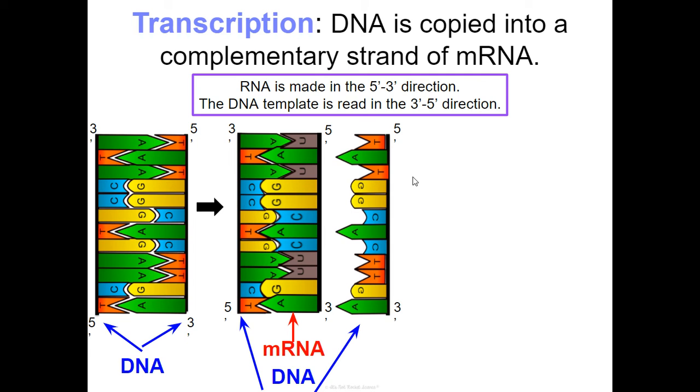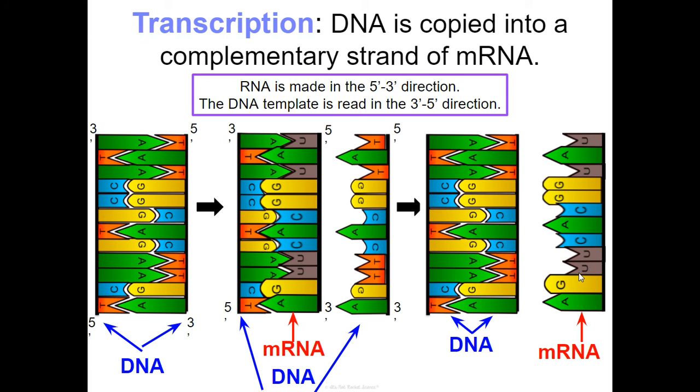RNA polymerase will then add in this direction here. But remember, it's only single-stranded this time. Once it has made its copy, mRNA will be ready to be shipped out to the ribosome in the cytoplasm, while DNA forms back together to create the double strand to remain inside of the nucleus.